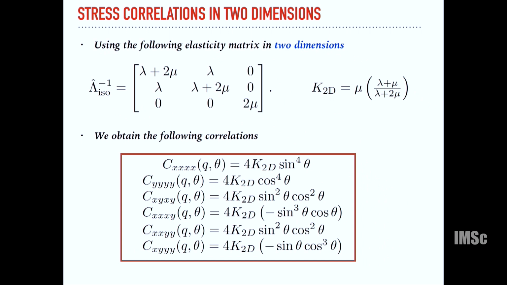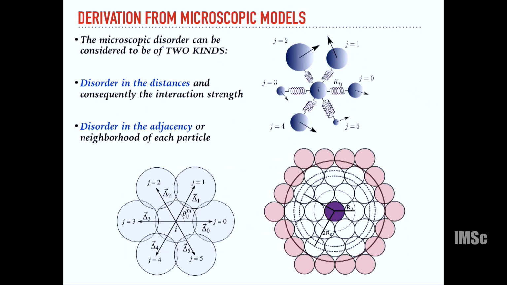I will show you more evidence for this from microscopic theories. It only depends on the angle, so it depends on how you approach q equal to 0. That is, the large length scale limit gives you different correlation functions. So this is telling me that there are anisotropic correlations at the really large length scales, which I will show evidence for. So this was the field theoretic description.